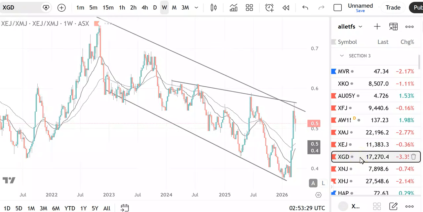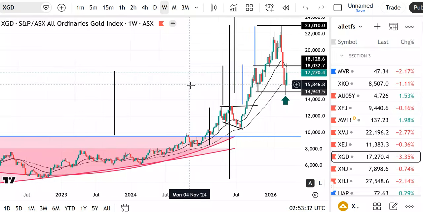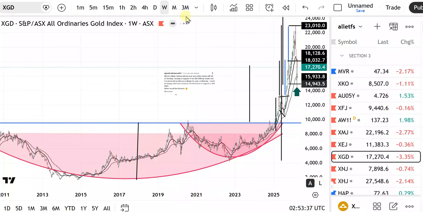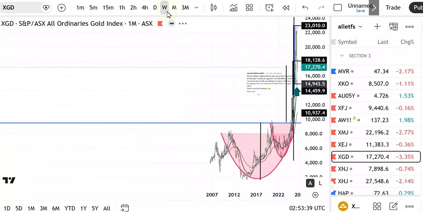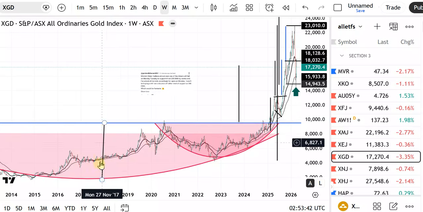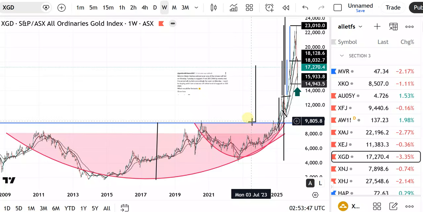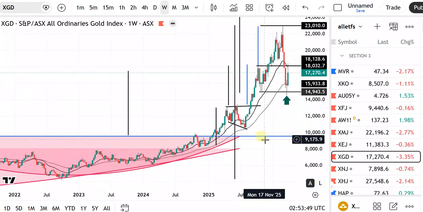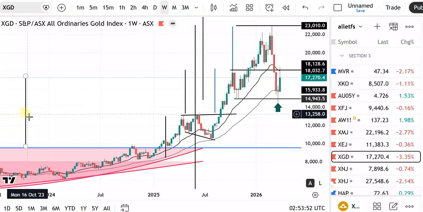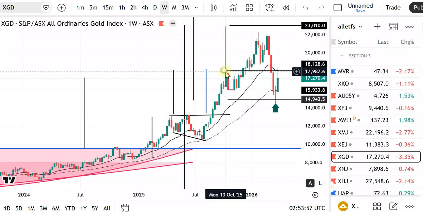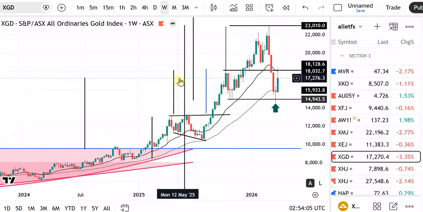All right, then we've got the gold sector. How has it gone for historical projections? We'll stick to weekly. We've got this big long bottom here, and the depth breakout projection got us to this, indicated here, but we had a couple of confirming points.